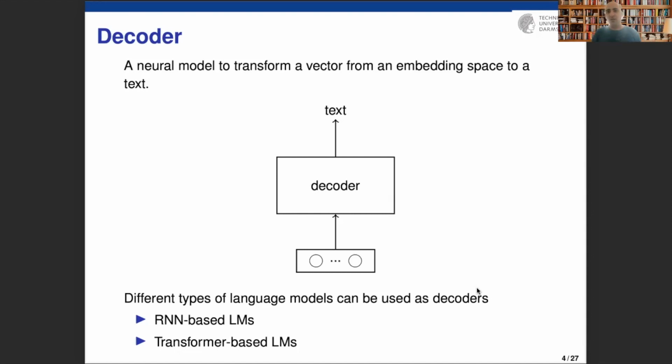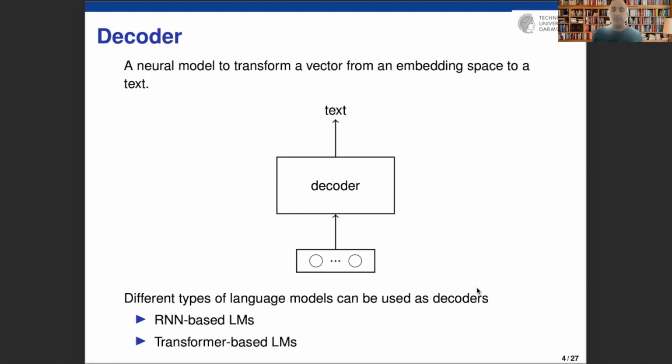And whenever we are dealing with generating a word or a text, we usually use language models, right? The task of a language model, if you remember, was to estimate the probability of a sequence of words.